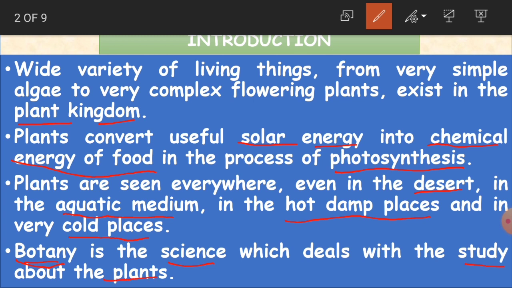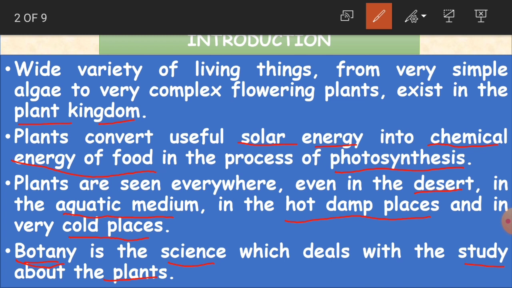Clear? So what we have learned here is that we have a very wide variety of living things, plants, which are very simple and also very complex. Some are very simple and some are very complex, which have different parts connected to each other. And what do plants do?